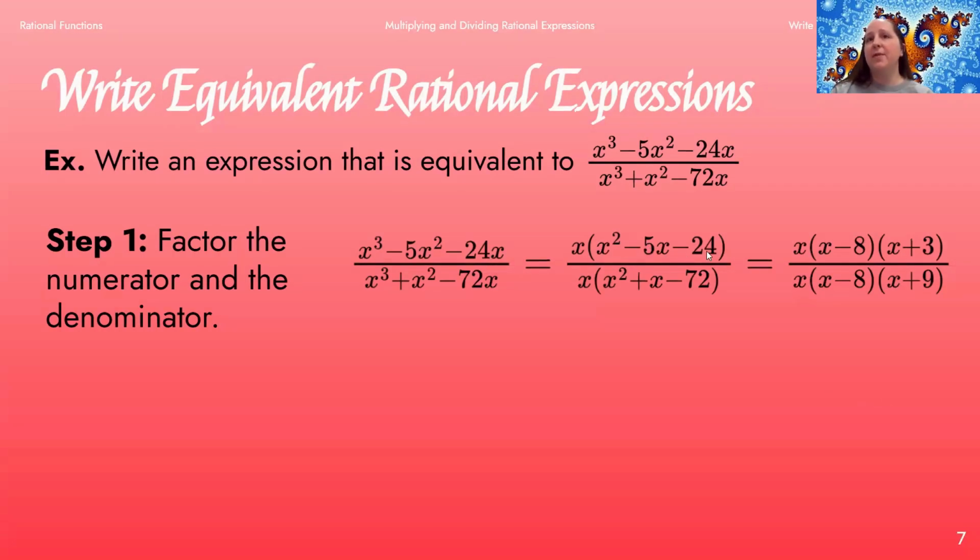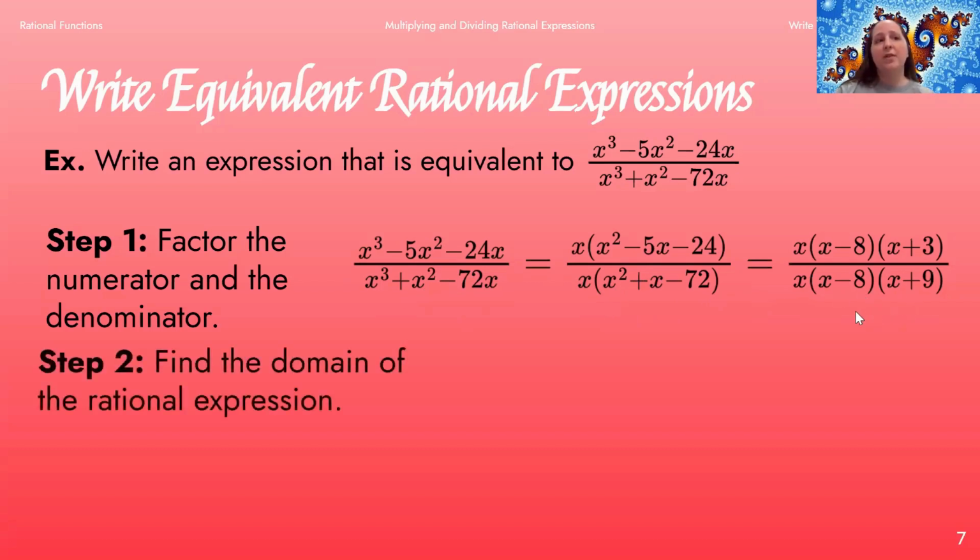The x squared minus 5x minus 24 factors to x minus 8 times x plus 3. The denominator x cubed plus x squared minus 72x, they all have an x in common, so I can factor that out. So I have x times x squared plus x minus 72. And then the x squared plus x minus 72 factors into x minus 8 times x plus 9.